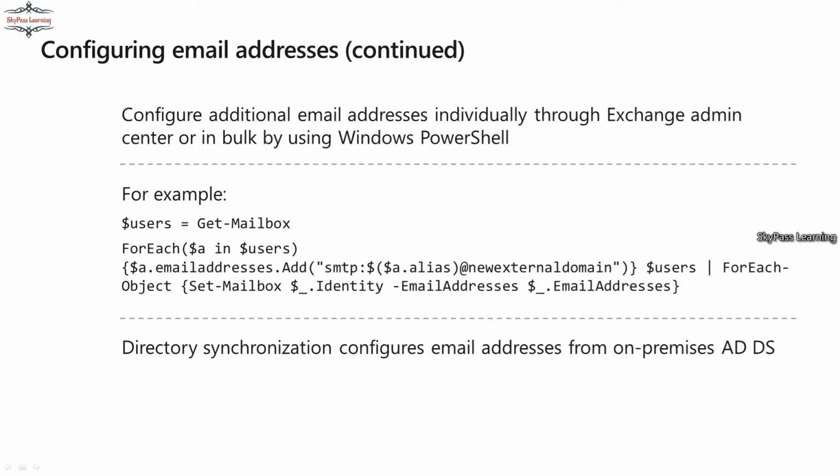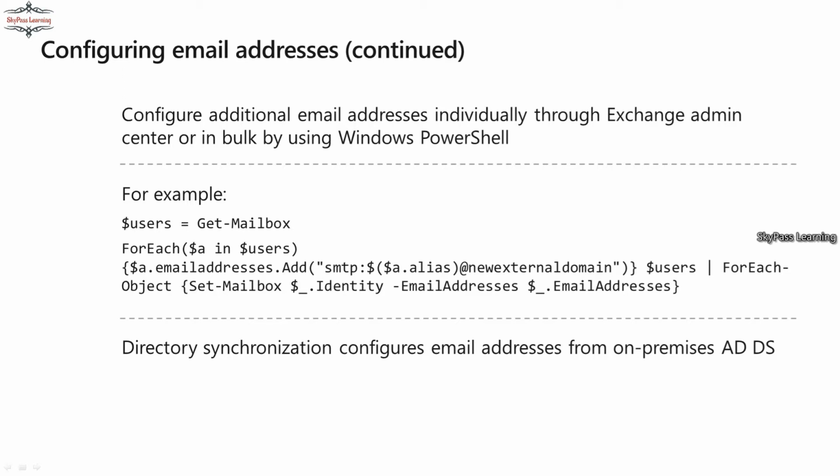Here you can also use Get-Content with a specific list of users in CSV form, or just in text format. For that, this script will assign the email addresses. So this can be done manually, and obviously the directory synchronization will help you associate this, the integration part.